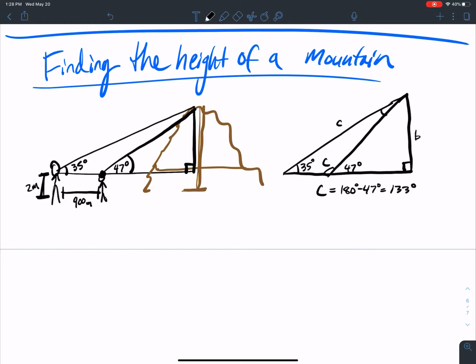That also tells me angle A here, and I know this side to be 900 meters for that distance there.